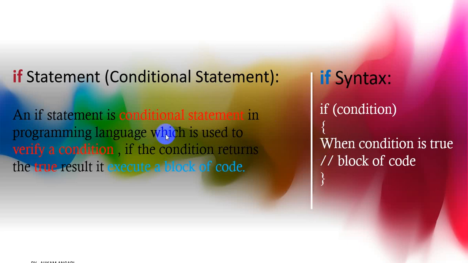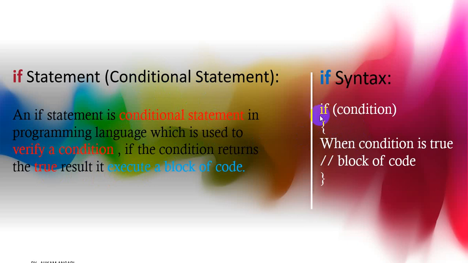So an if statement is a conditional statement in a programming language which is used to verify a condition. Inside the if we write a condition and check whether the condition returns a true value. If the condition is satisfied, then it will execute a block of code, and that block of code is written over here.